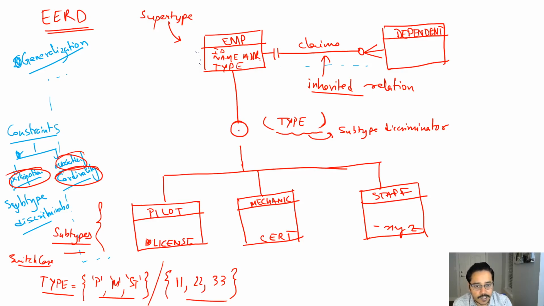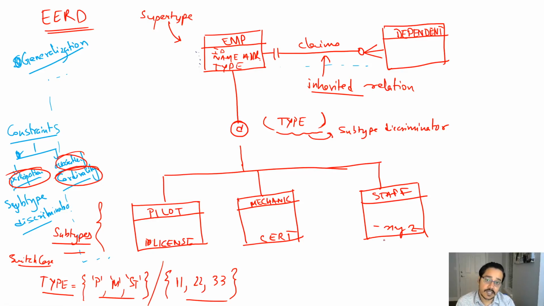Just for the sake of this discussion, let's say it's disjoint. So that means the intersection of all the subtypes for the rows is going to return an empty set. And given that there are three subtypes here, does an employee need to be either a pilot or a mechanic or a staff at least? Okay, it can be more than that.